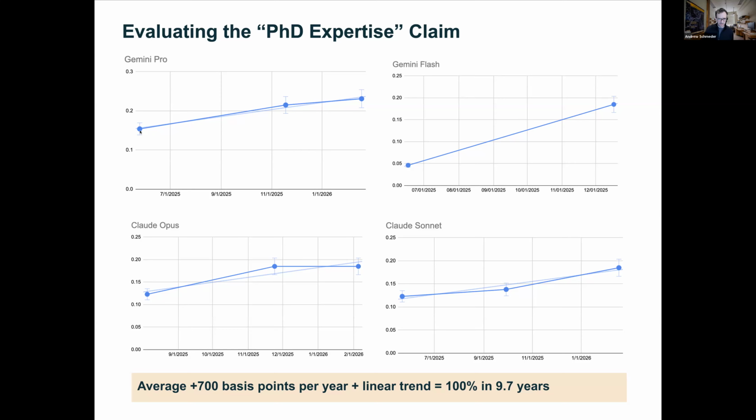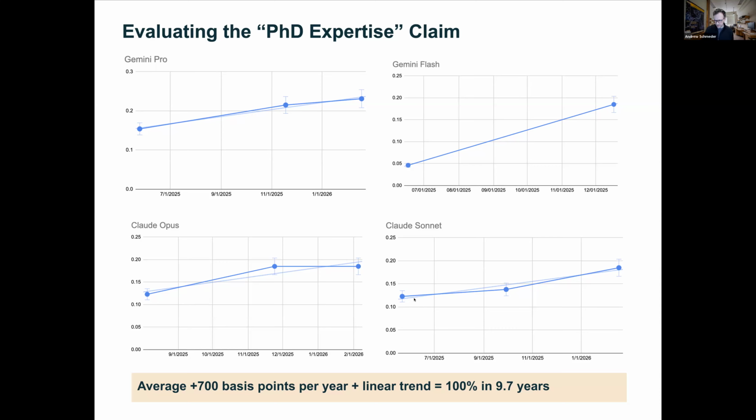Essentially you can see Gemini Pro going from version 2.5 to version 3 and then 3.1. It's a consistent upward trend. Gemini Flash made a big jump up recently. Opus also had a big step upwards, but then it actually regressed slightly.